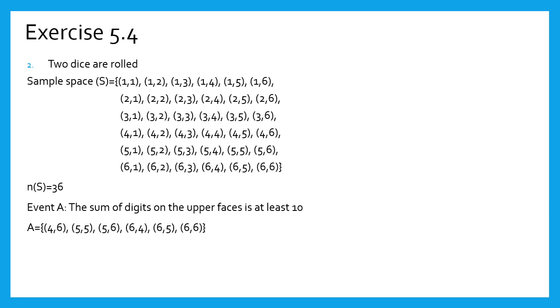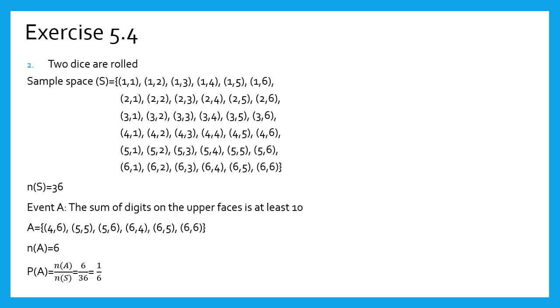Write the points in event A having sum 10, 11 or 12. Thus, we get n(A) = 6. P(A) = n(A) / n(S). Substitute the values, 6/36. Reduce it to lowest form. We get P(A) = 1/6.